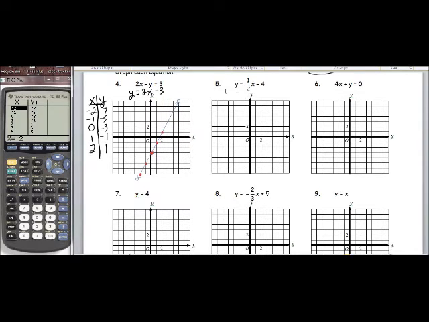So now we can do number 5, and let me show you a different way to graph number 5. So we have our slope, and right here we know our slope is 1/2, and our y-intercept, the b value, is negative 4.